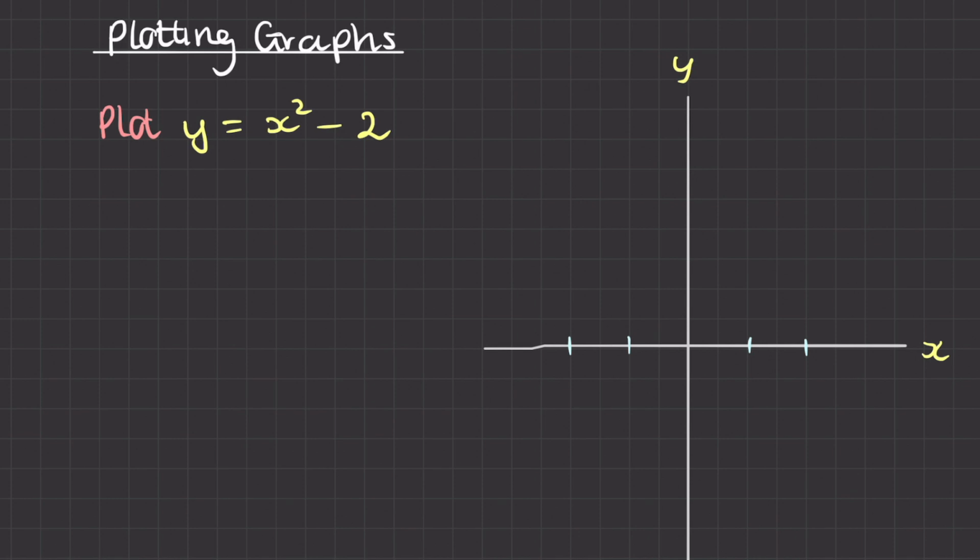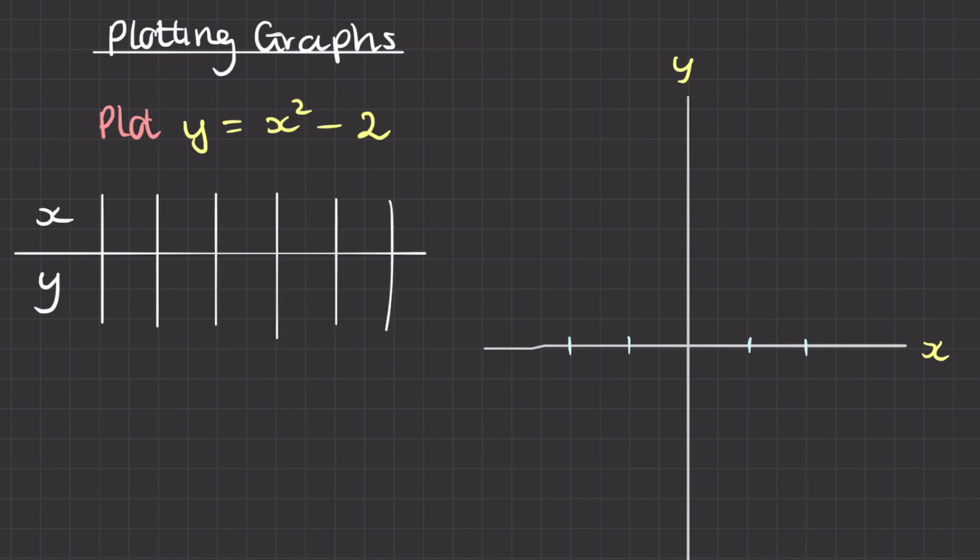So in order to generate some of these coordinates, we first need to make a table. I'm going to have x on one row and y on the other, so bear with me while I make a nice little table. You can make yours as long as you want. The more points you have, the better your curve's going to look, but it's worth going for a few just to see if your graph is curvy or straight.